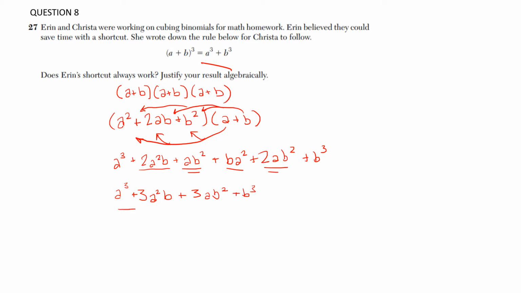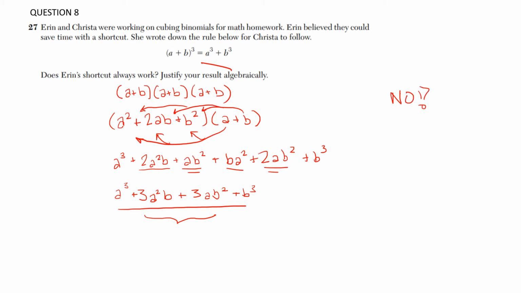So this looks like we can't simplify that any further. So this doesn't reflect the shortcut that Erin gave, right? And that's really because it doesn't have these two middle terms, the 3a squared b plus 3ab squared. So the answer is no.